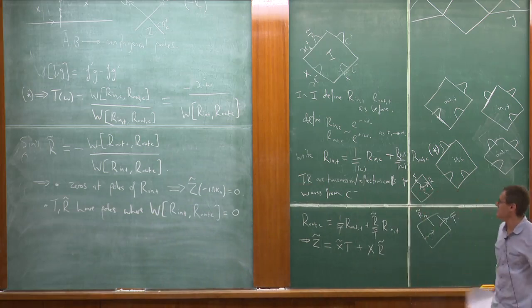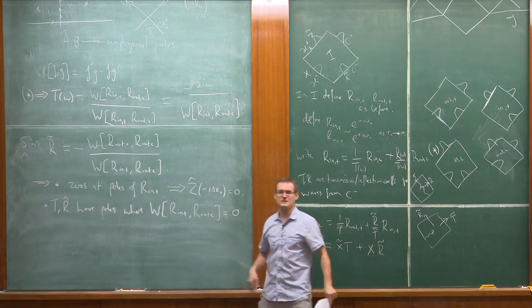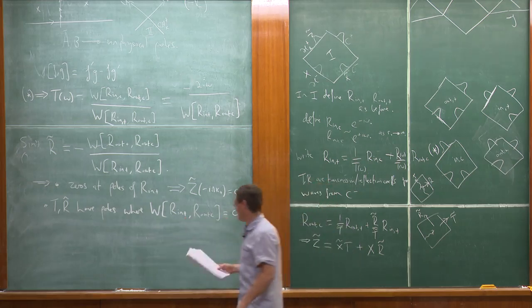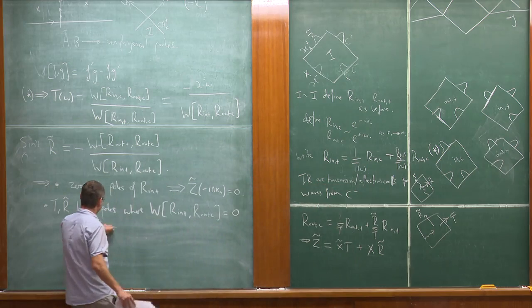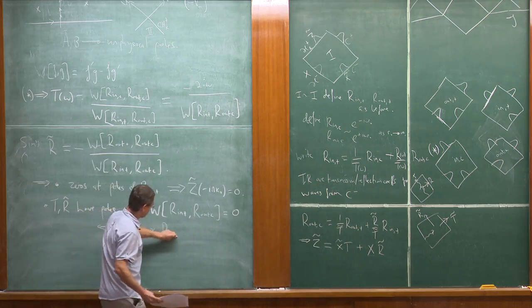So what does that mean for the Wronskian of these things to vanish? Well, it means that one of these things is a multiple of the other. So that would mean that R in plus is proportional to R out C.